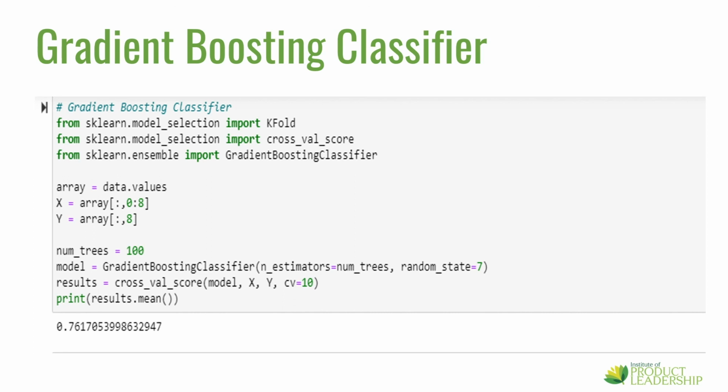Here the parameter fed into the gradient boosting algorithm is 100 trees and then the model is run, post which the result is compiled as a mean of the 10 cross-validation scores. As you will see, the accuracy of this model is 0.761, or in other words, the model predicts 76% of the class correctly. Voting ensemble.